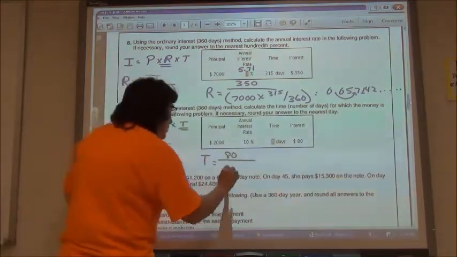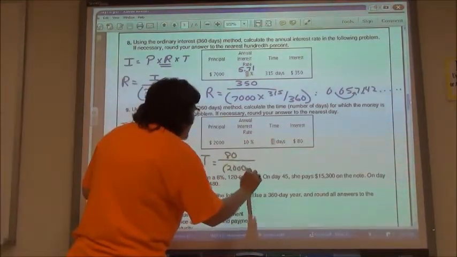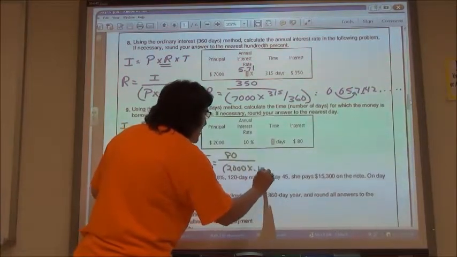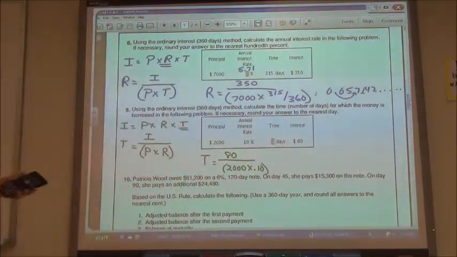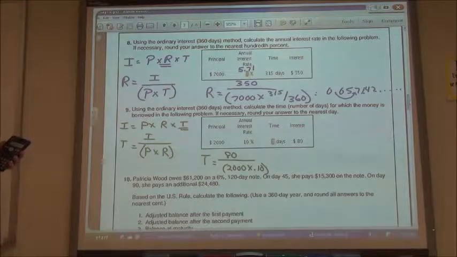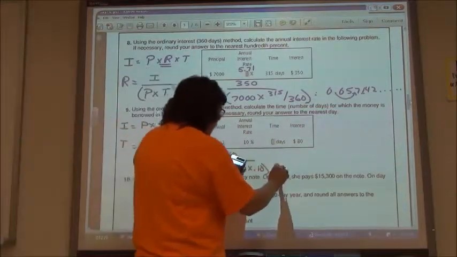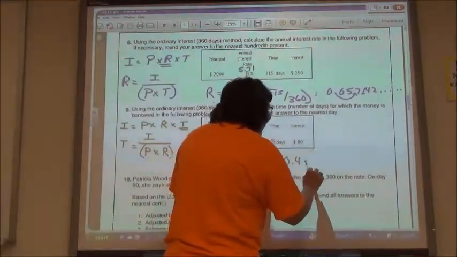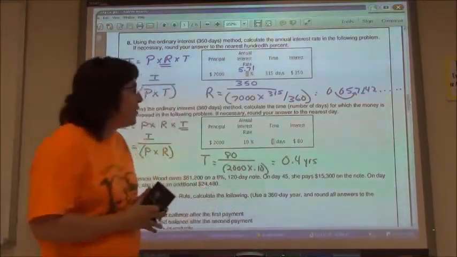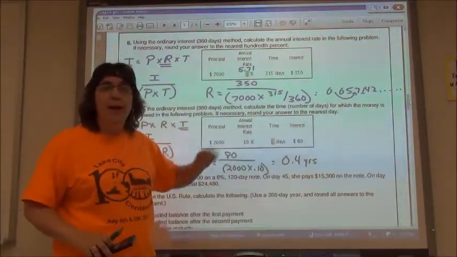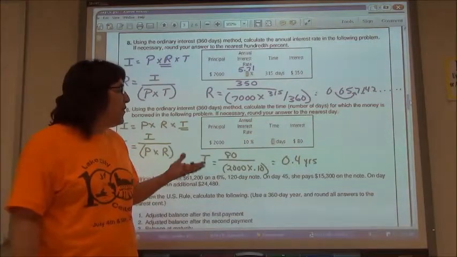My principal is $2,000 and my interest rate is 10%. So I'm going to take 80 divided by parentheses 2,000 times 0.10. Now this is going to give me a decimal, and this is in years. I have 0.4 years.